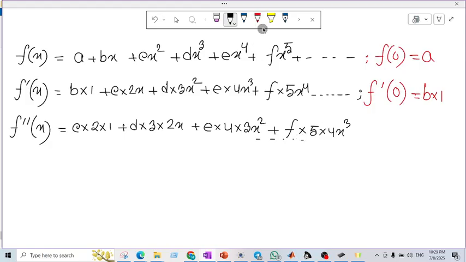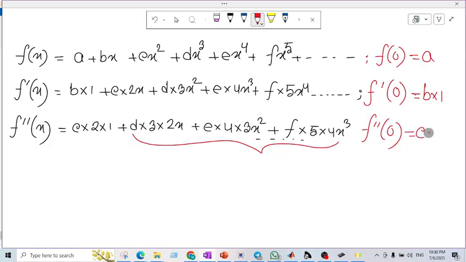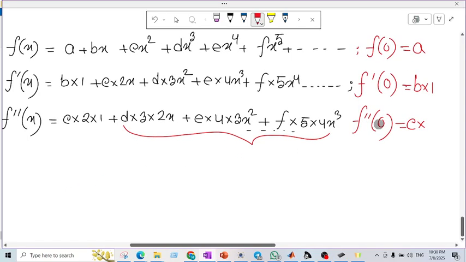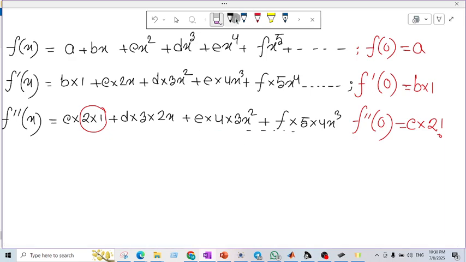Okay, and now if you take again here x is equal to 0, then only first term will remain, and you will get c into, okay, wait a minute, what is 2 into 1? This is simply equal to 2 factorial, right?